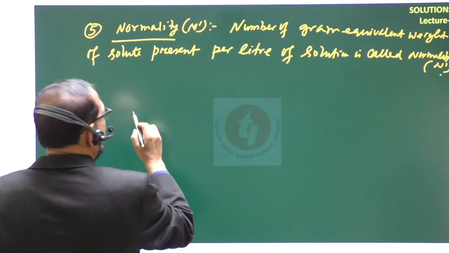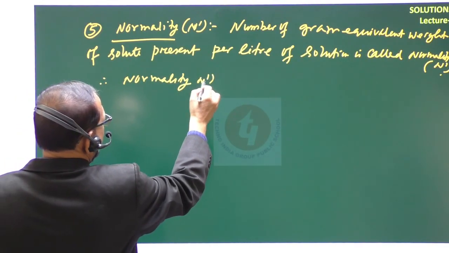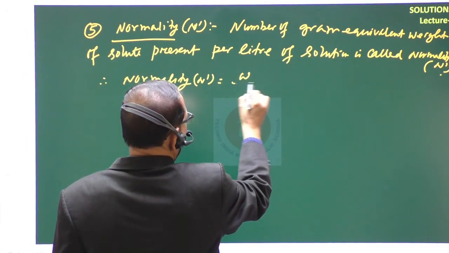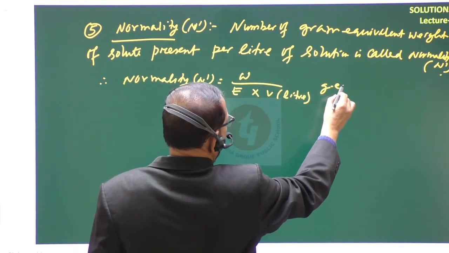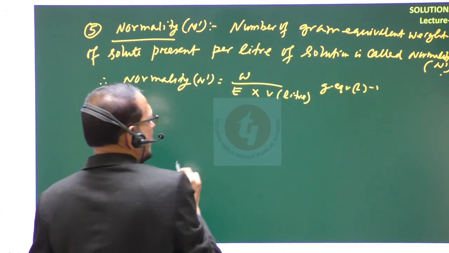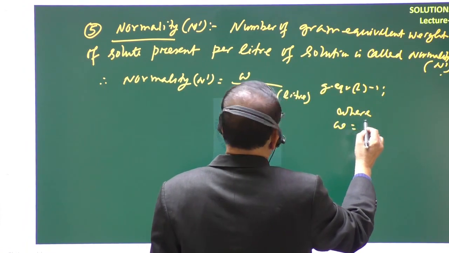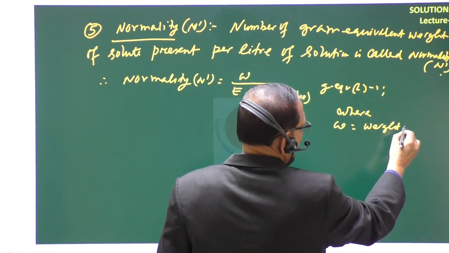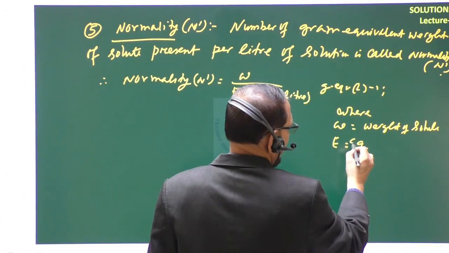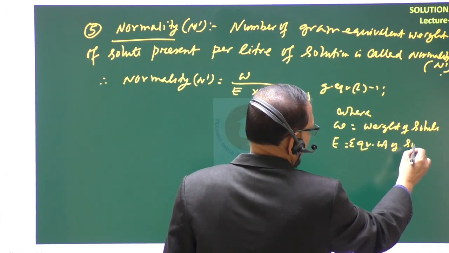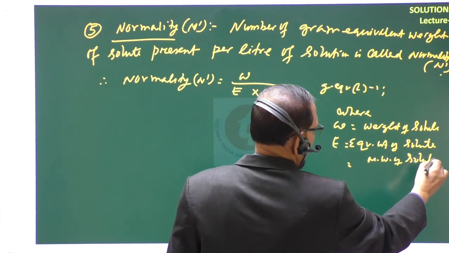Normality N dash is equal to W by E into V, with volume in liter, so the unit is gram equivalent per liter, where W is the weight of solute, and E is the equivalent weight of solute, which is equal to molecular weight of solute by N factor.